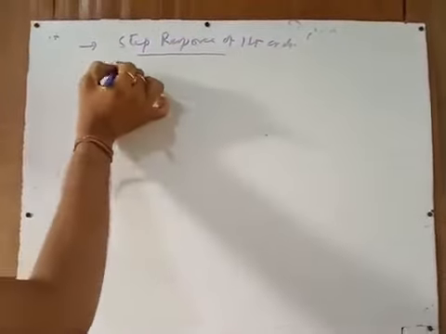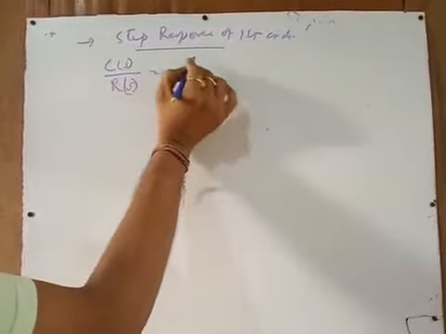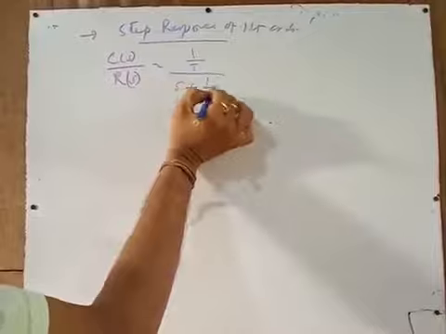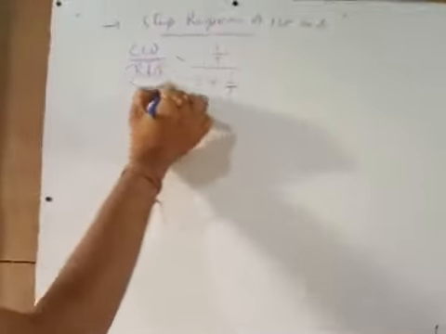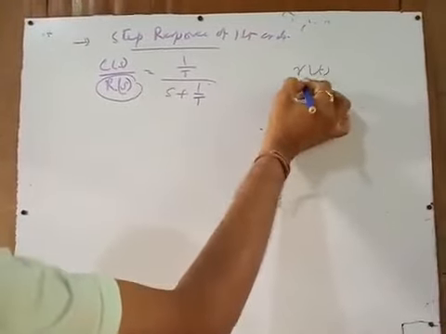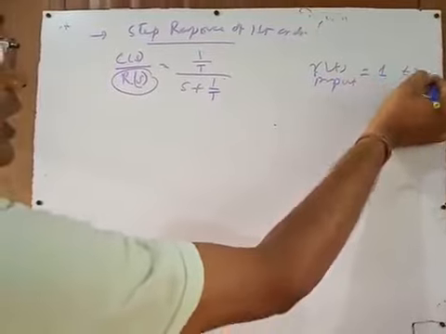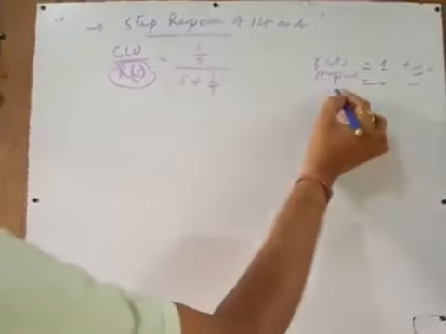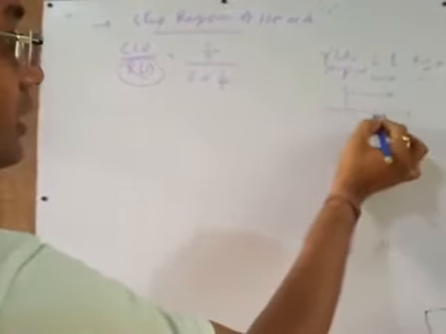Now you get C(s) by R(s), already obtained for a first order system, that is (1/T) by s plus 1 by T. In order to get the step response, this R(s), that means your input, will be 1 for t greater than or equal to 0, and 0 otherwise.